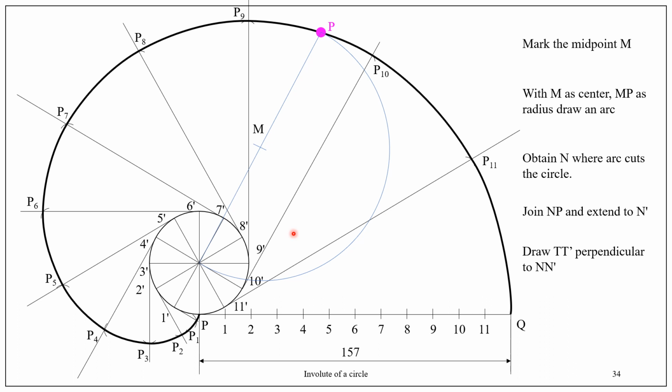Obtain point N where the arc cuts the circle. Join N and P and extend it to obtain N dash. N dash is the required normal.